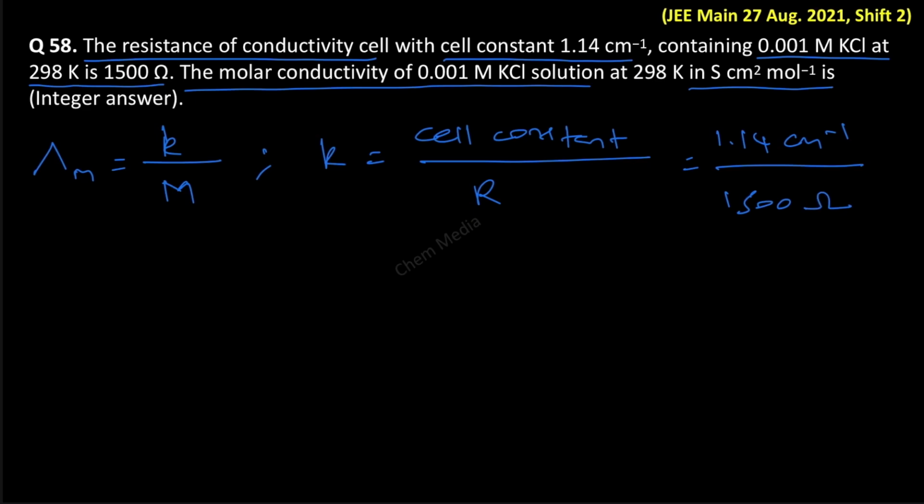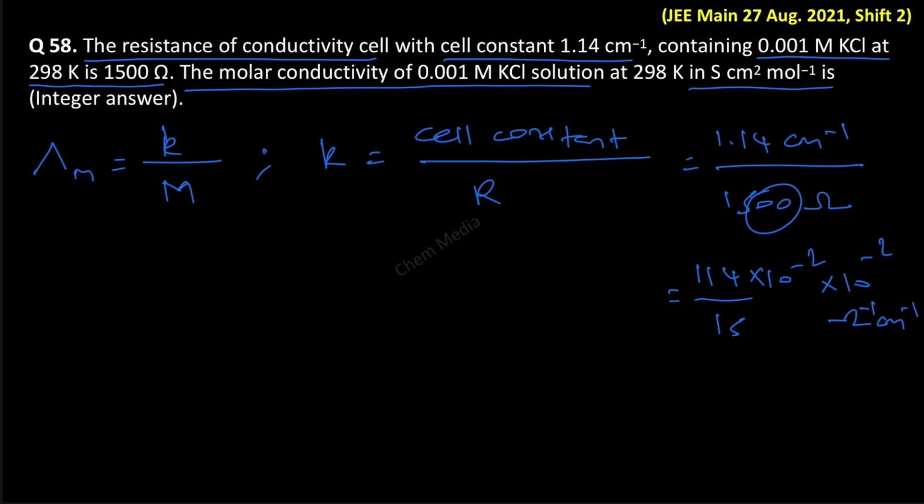So therefore we can write that 114 times 10 to the power minus 2 divided by 15, and let's send these 10 to the power 2 also up. So in that case 10 to the power minus 2 once again, and then per ohm per centimeter.